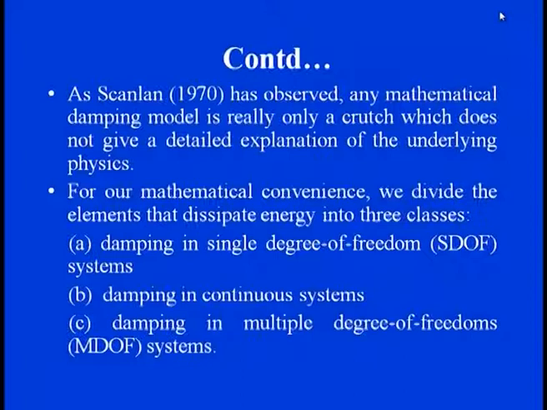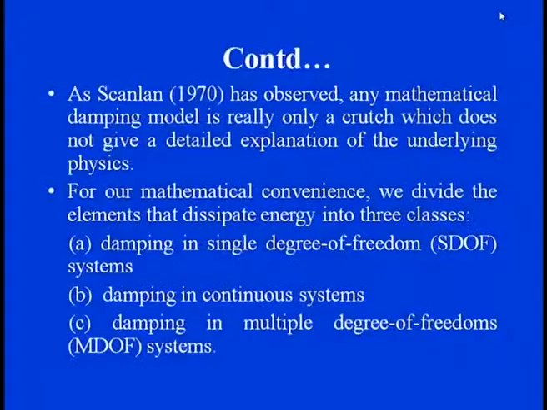One, the damping which has linear propagation and works only with the single degree of freedom system, in which we allow this damping phenomenon to work in one direction only. Second, we can apply the damping not to a discrete system but to continuous systems, because sometimes the damping works for the entire continuous system in a uniform way.